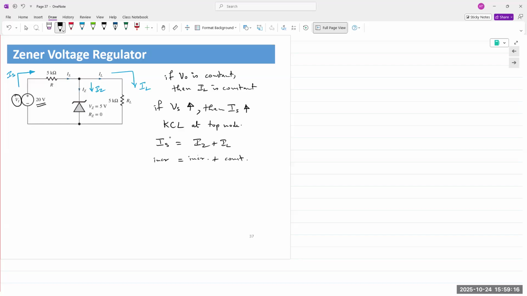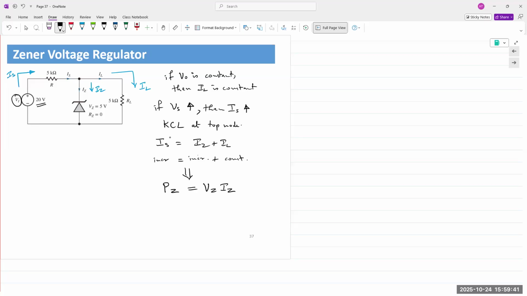So when we did line regulation in the lab, you might have felt the Zener diode getting hot or warm. The reason was it's sinking more current through itself, and because of that, it's getting hot. And hence, all Zener diodes come with a power rating. PZ is VZ times IZ.